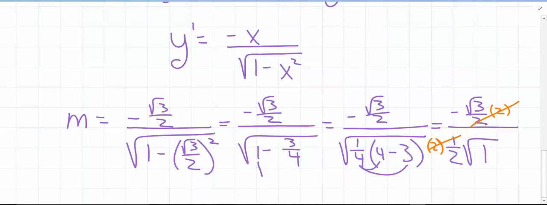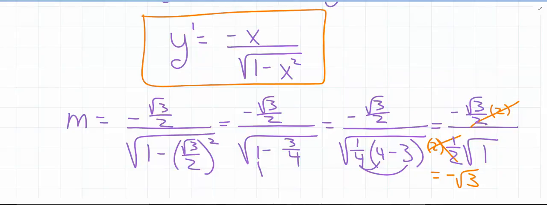And it looks like what I get is negative square root of 3 for my slope. That's my slope. That makes sense because if you're talking about the slope of a tangent at pi over 6, you would have a negative slope, if you picture a tangent. So anyway, it all started with us getting the formula for the slope of a tangent.